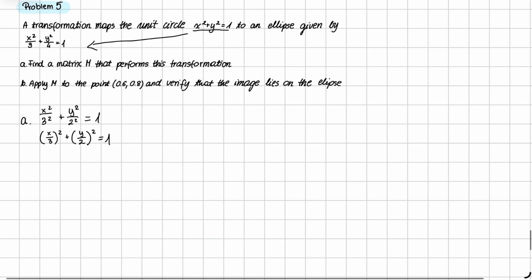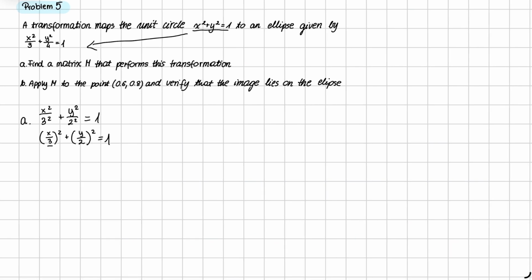And now we know that our transformation matrix M has 3 that corresponds to x and 2 that corresponds to y. So M is, and our first value has to be 3 because when we are multiplying the first row of the transformation matrix with some point, it has to be the first value in order to correspond to x.